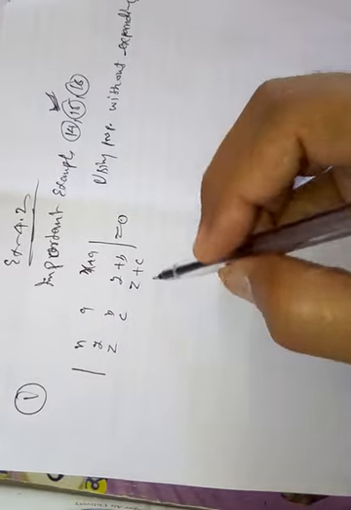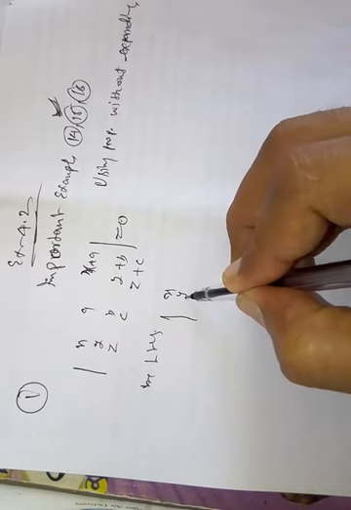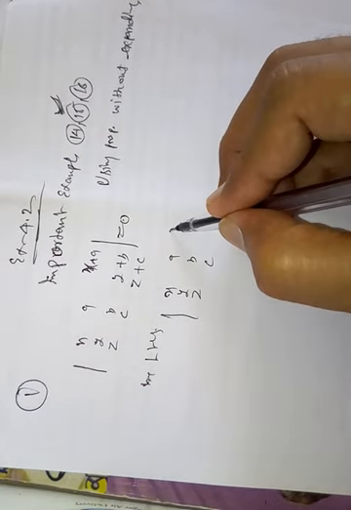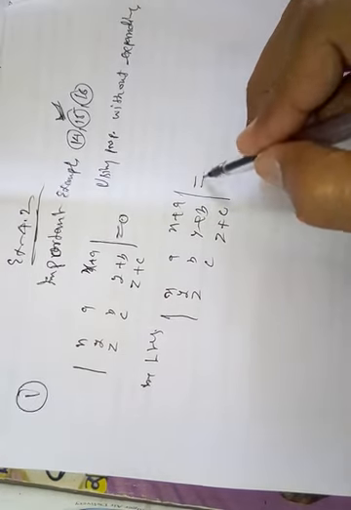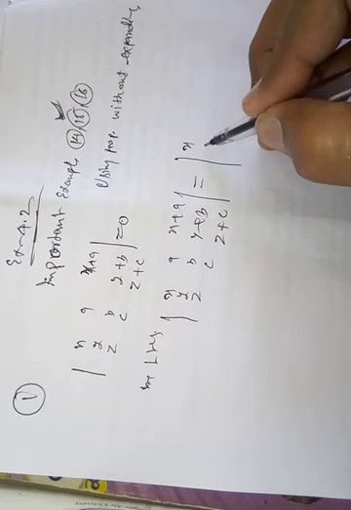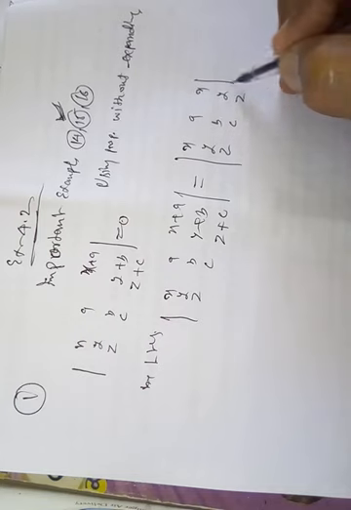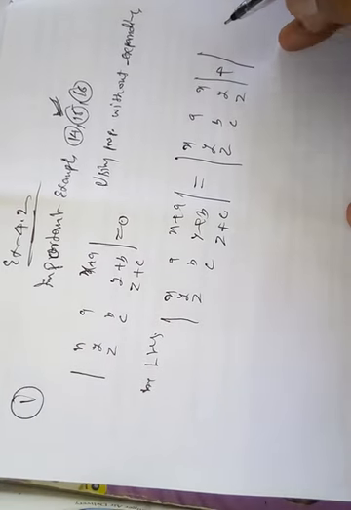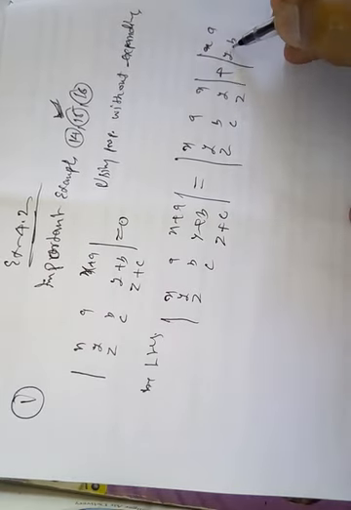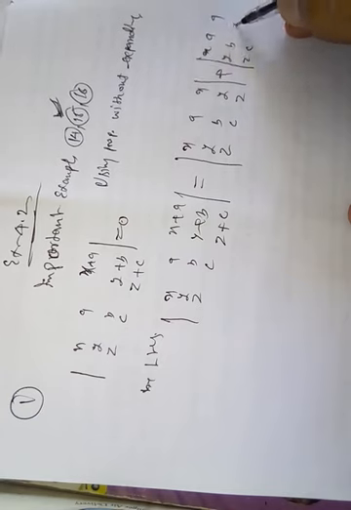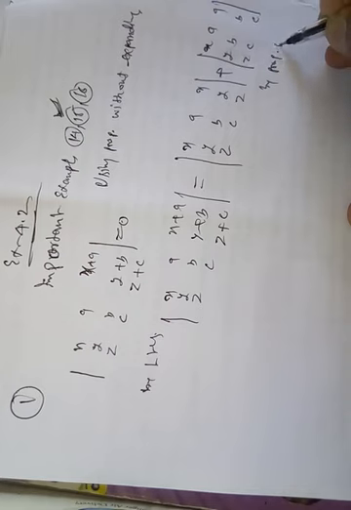So use property 5, taking LHS. Determinant x y z, a b c, x plus a, y plus b, z plus c equals determinant x y z, a b c, x y z, plus determinant x y z, a b c, a b c, by property 5.